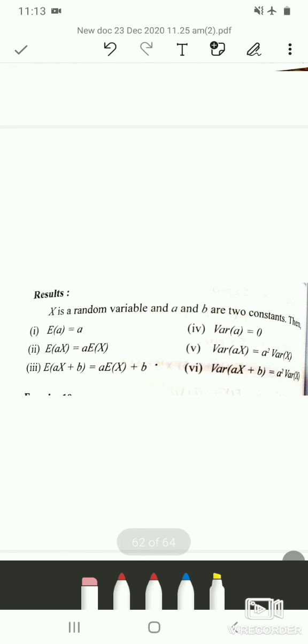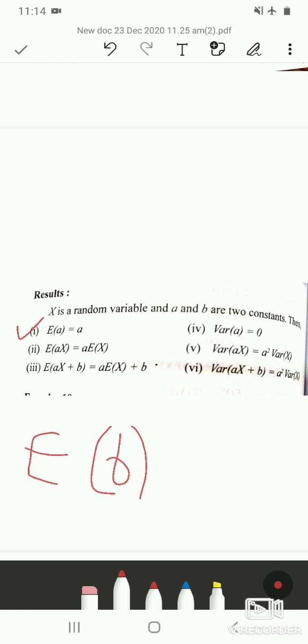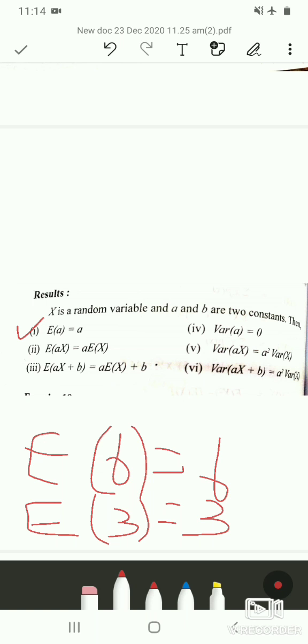So now let us see some of the important results of random variables. If X is a random variable and a and b are two constants, then the first result is expectation of a is equal to a. So expectation of any constant is the constant itself. That is, expectation of b is again b. So if we have expectation of 3, the answer would be again 3.